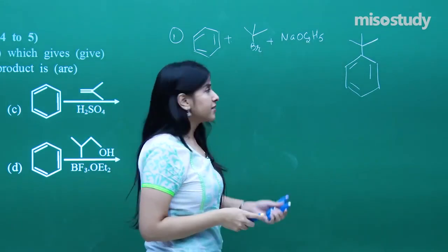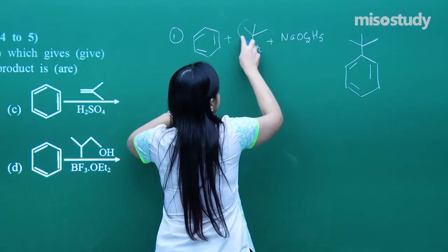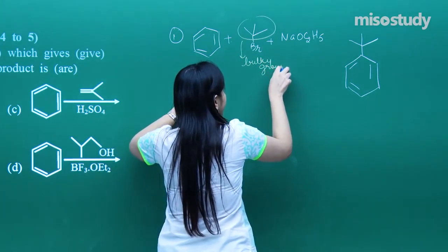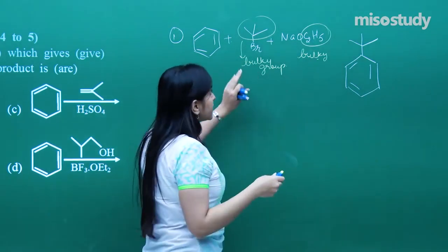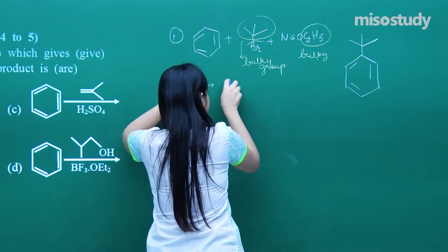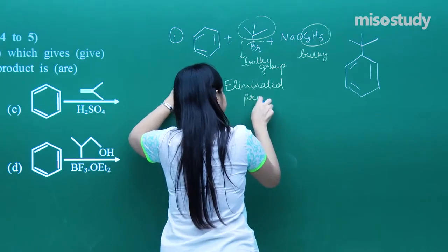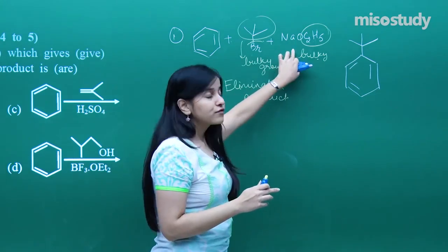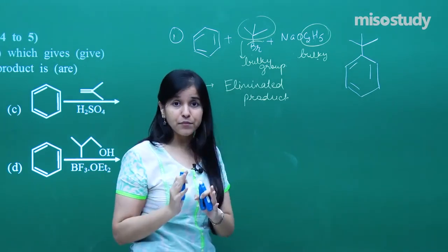What kind of a reaction will that be? So this is a bulky group, and if you observe carefully, this is also bulky. That means instead of formation of a carbocation, an eliminated product will be formed. Due to the bulkiness of this reagent, we get not a substituted product but an eliminated product.